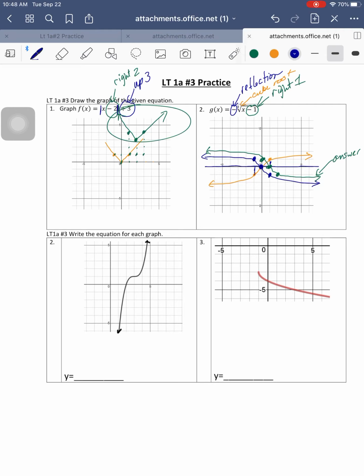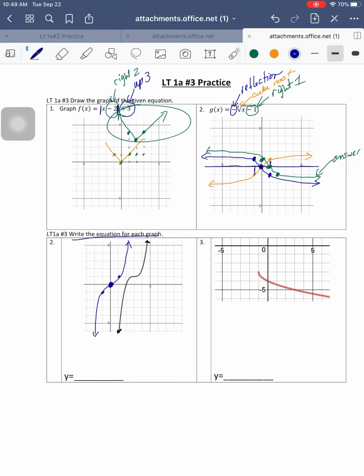All right, moving on. We have 1A, number 3. Write the equation now from the graph. So it's a cubic function. From your notes, you have this graph. Now that graph doesn't look exactly like the graph that you see here.